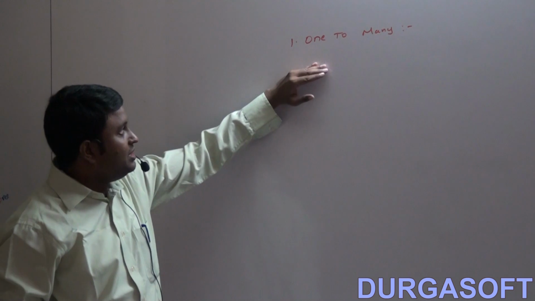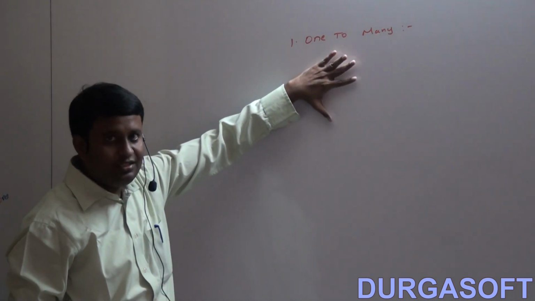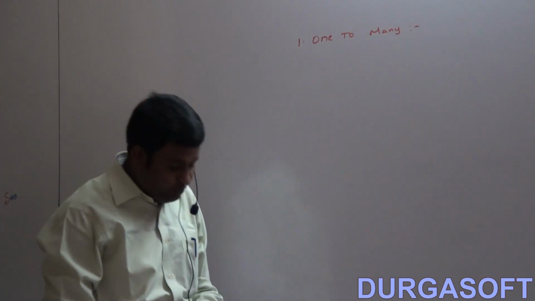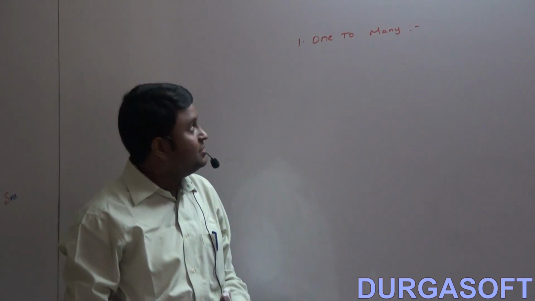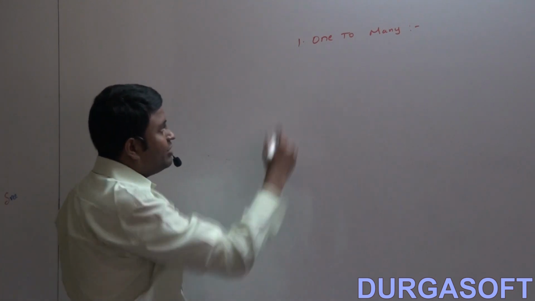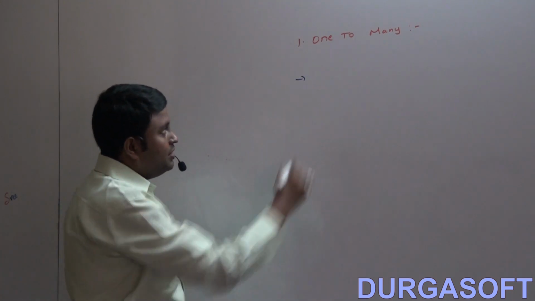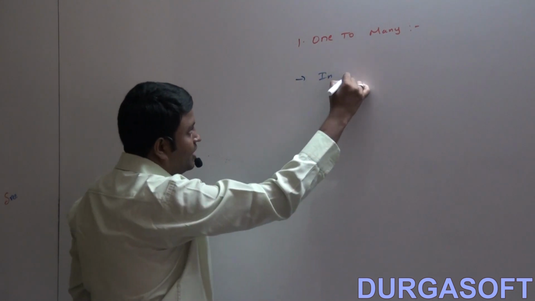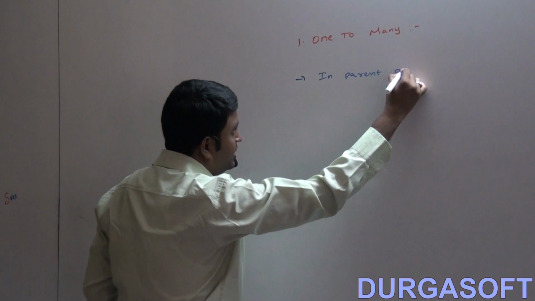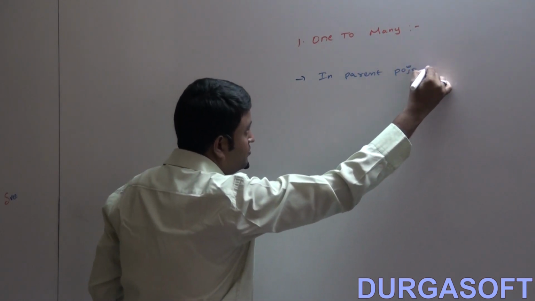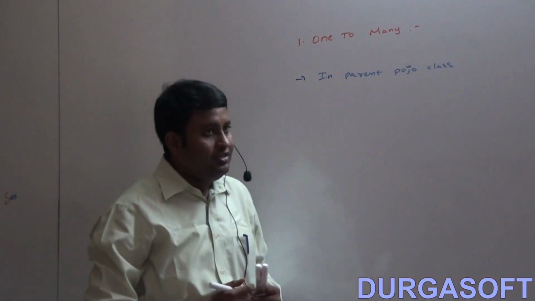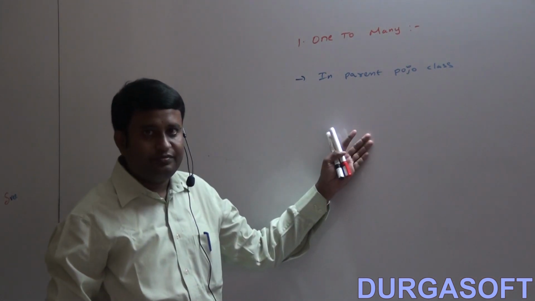To create this kind of association relationship in Hibernate, we need to perform two modifications. One, in the parent class, we must take the child class as a collection property.